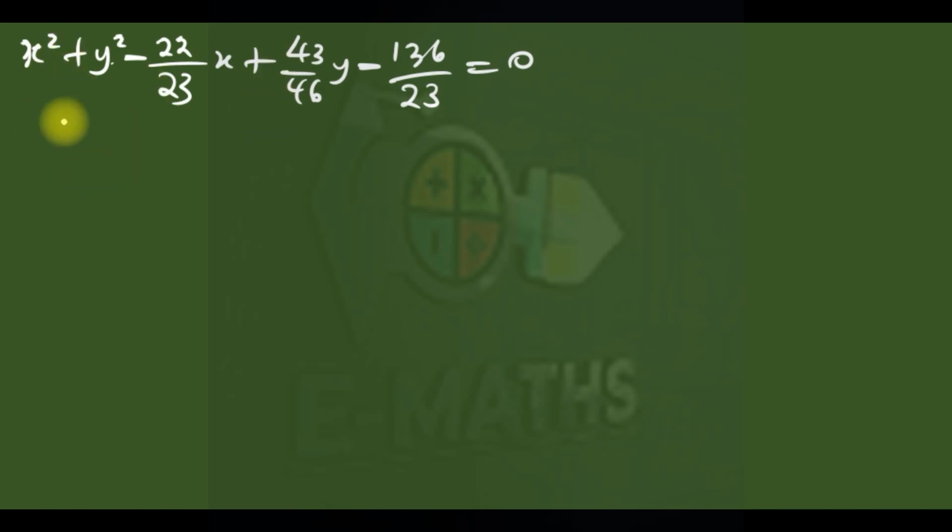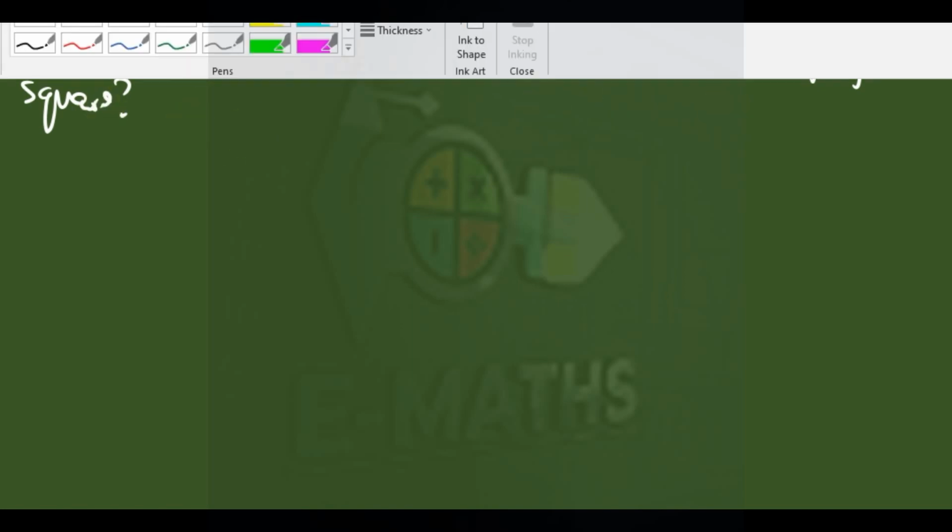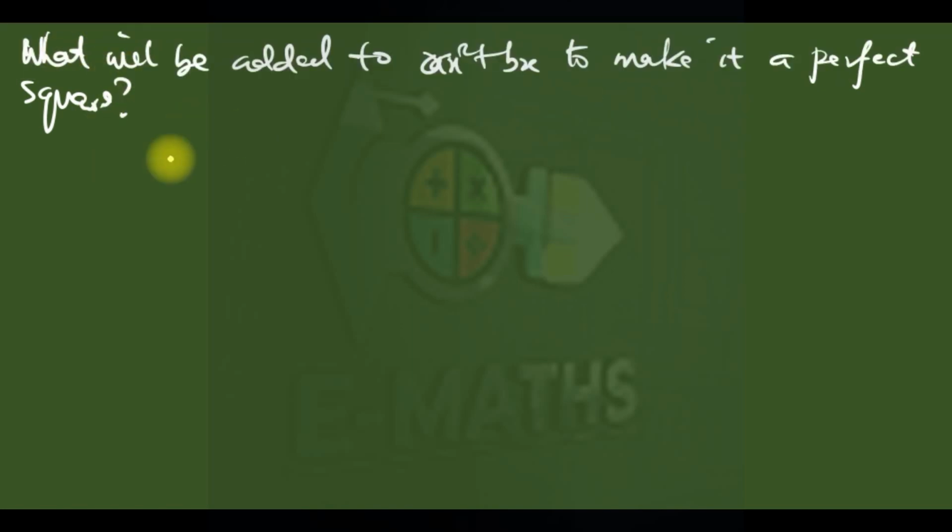So from here, do you remember what I said about adding something to make it a perfect square? Assuming we ask this question, what will be added to this quadratic function ax squared plus bx to make it a perfect square? We always add b squared over 4a to make this quadratic function ax squared plus bx a perfect square.